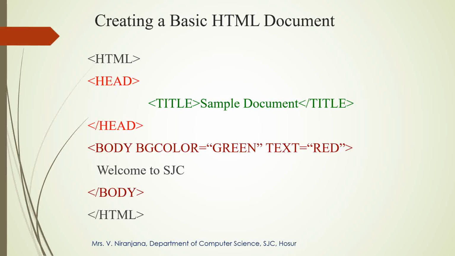And additionally, we have added some attributes to the body tag like bgcolor. It means the background color. The background color of your web page will be green, and the text will be depicted in red color. The body tag has to be closed and the HTML tag also needs to be closed appropriately.